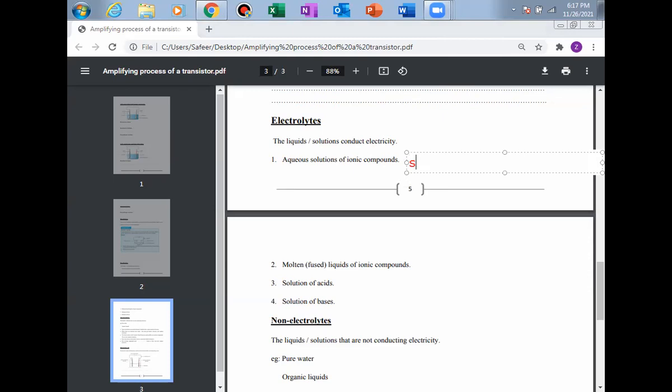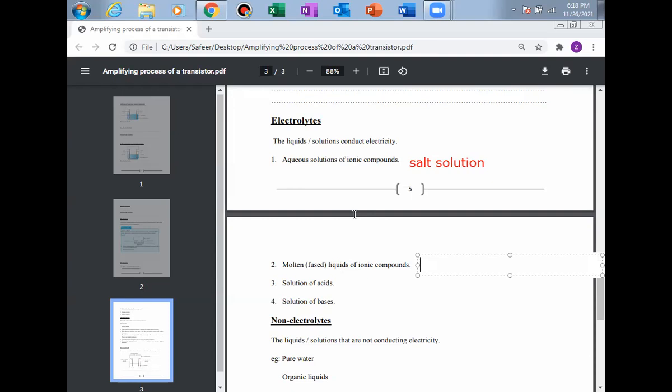Salt solution is an ionic compound. Then molten or fused liquid of ionic compound. Fused means melted, so melted salt conducts the current.